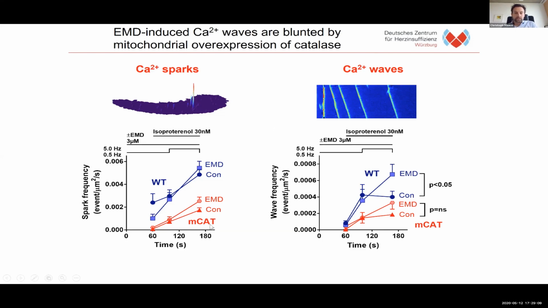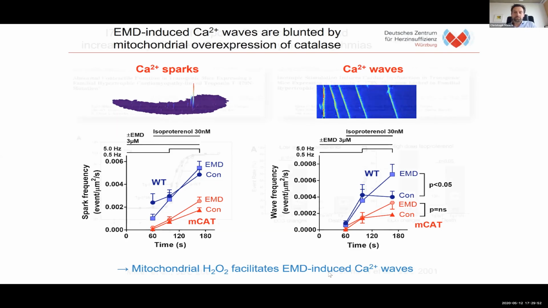And what you can see is that the overall amount of sparks, and in particular the EMD-induced increase in sparks, is blunted in the MCAT, and also the induction of calcium waves, which typically lead to depolarizations of the cell membrane and can be triggers of delayed afterdepolarizations. So the number of calcium waves, and also here in particular in response to EMD, was much blunted in the MCAT overexpressing mice. So this tells us that mitochondrial ROS facilitate calcium waves after calcium sensitization, in this case with EMD.